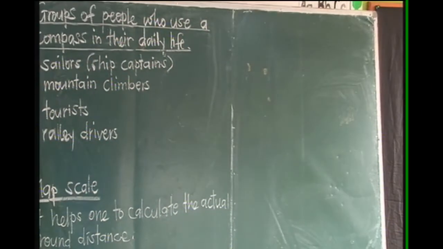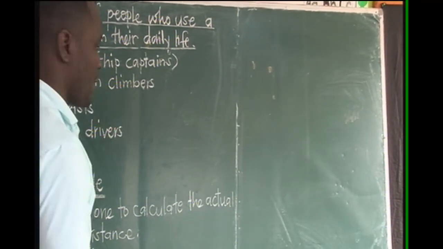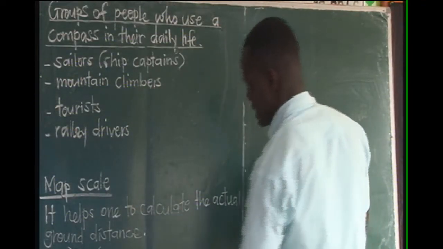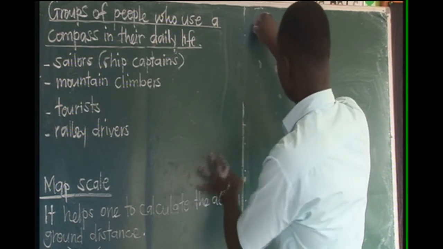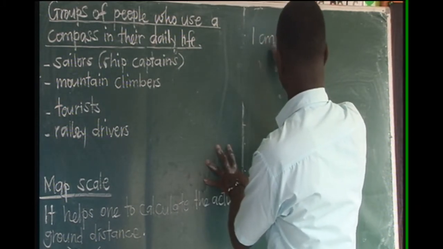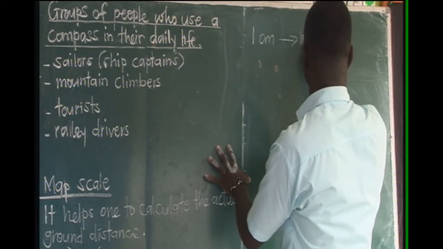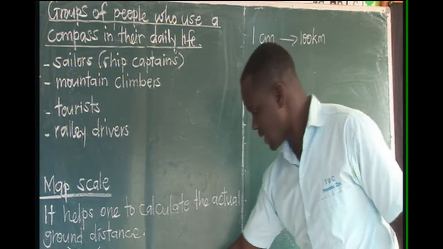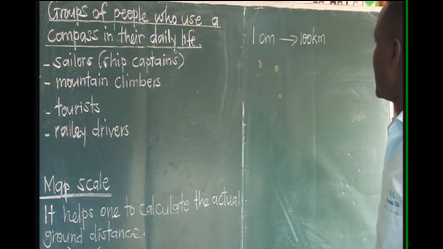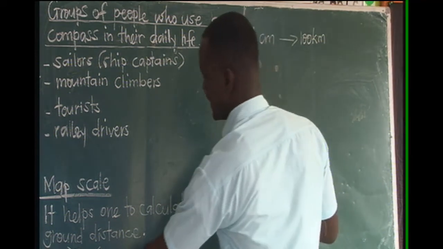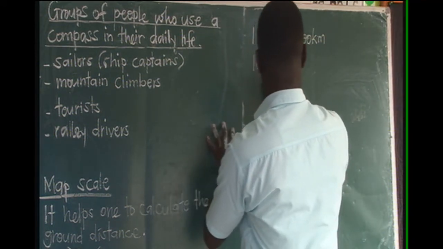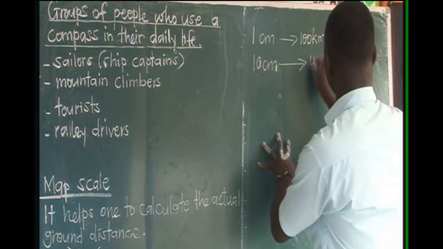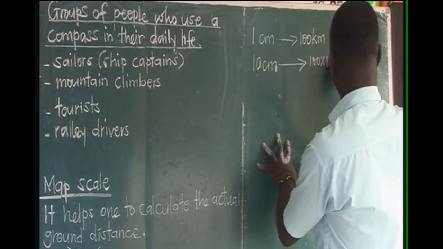So we are going to calculate. In our formula, we shall be following the distance given, I mean the scale. If 1 centimeter represents 100 kilometers, that's the first statement. What about now the 10 centimeters given? These 10 centimeters will be multiplied by the other 100.